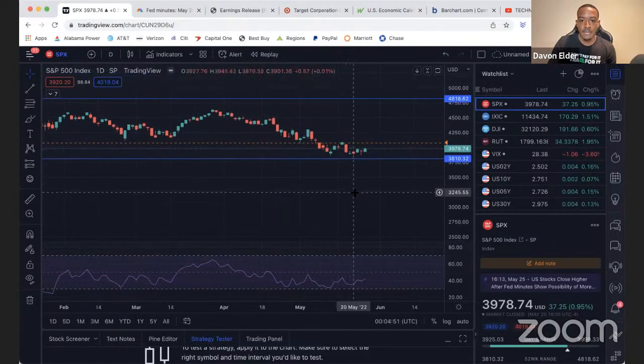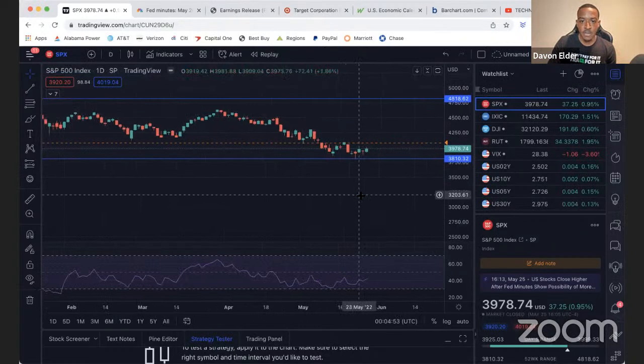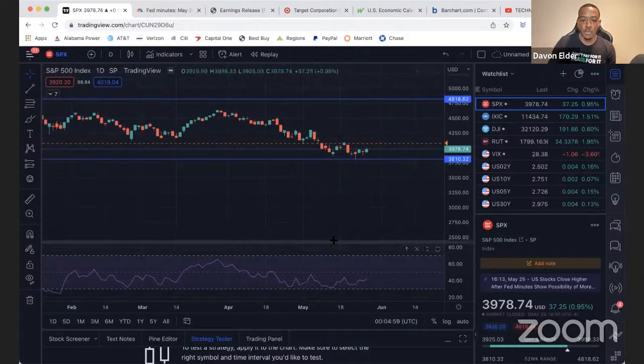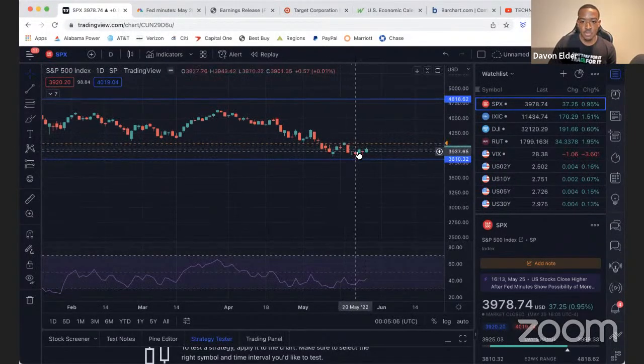If we look at this pattern, in technical analysis terms we would call this a double bottom. And this double bottom is right here around May 12th, May 13th, and May 20th.